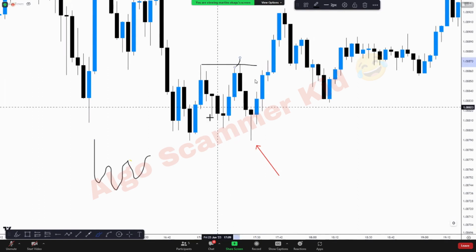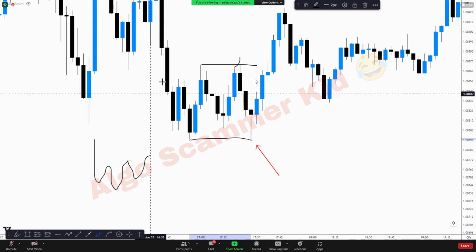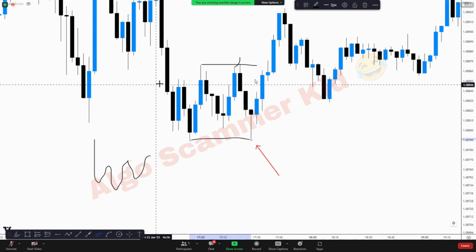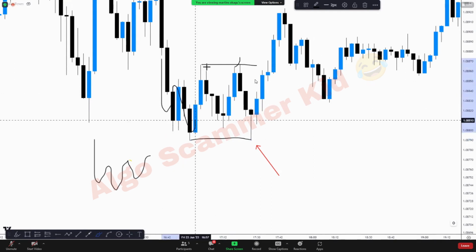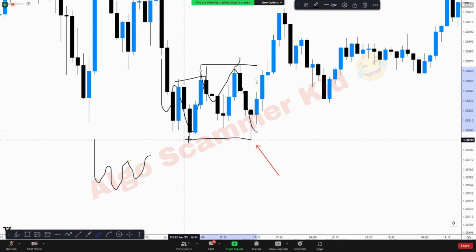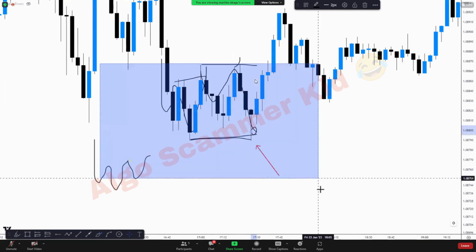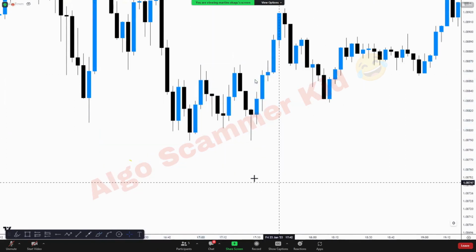Even if it took this high, this is still a valid price behavior, because this was on the 3 minutes. On the 1 minute, we had a different case, but on the 3 minutes, this was taken, and the low too was taken. So this was a very clean price behavior.